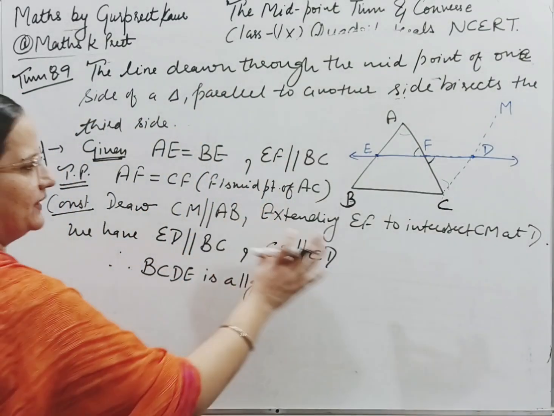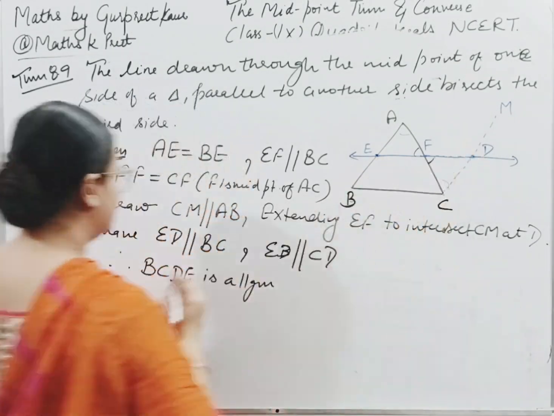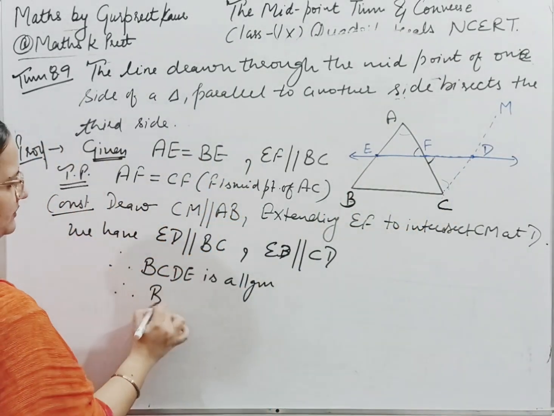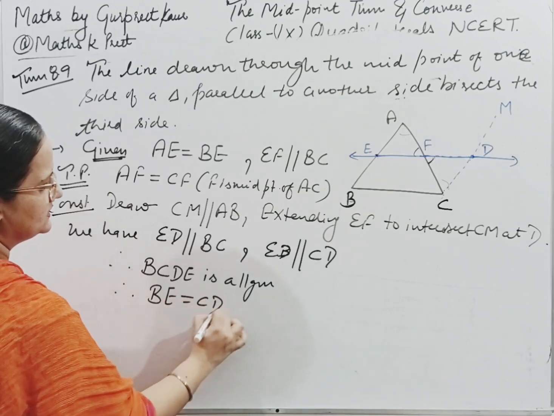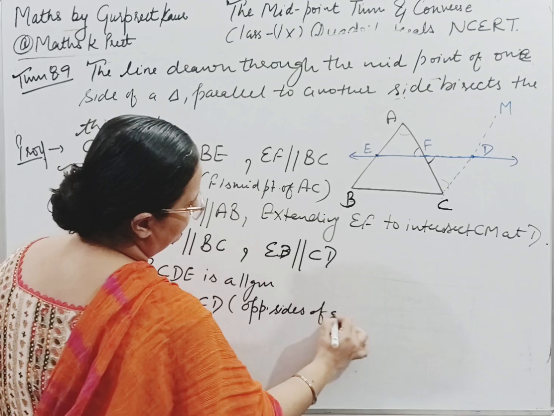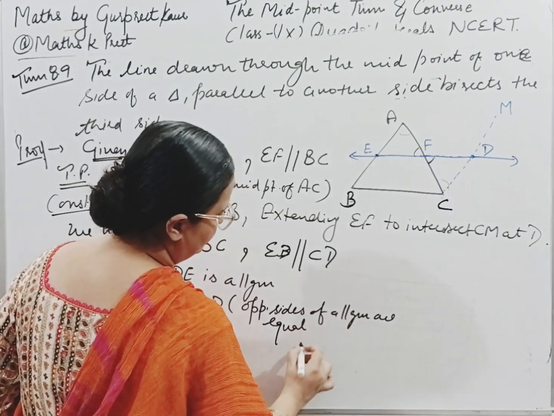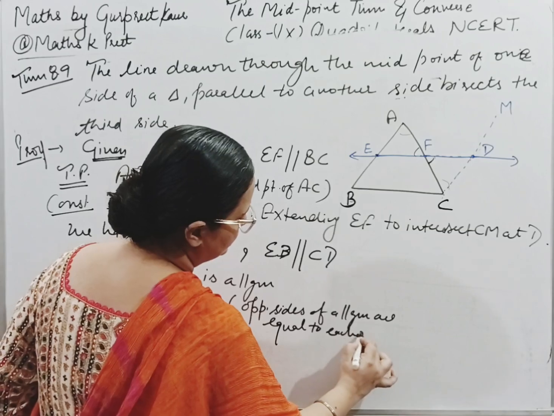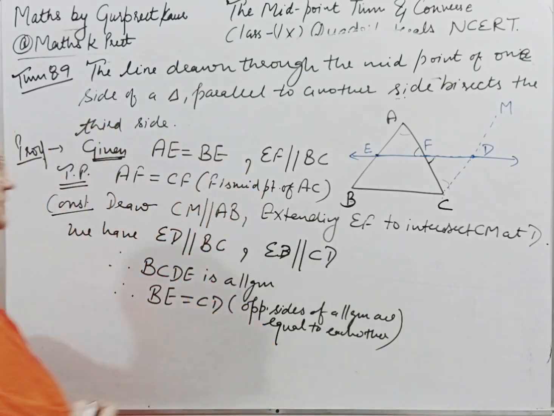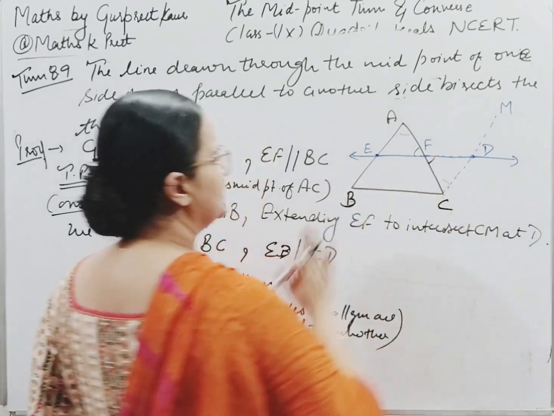So when this is forming a parallelogram, I can write that EB or BE is equals to CD. Therefore BE is equals to CD. Why? Because opposite sides of a parallelogram are equal. This is the reason. Now BE is equals to CD we have just proved.